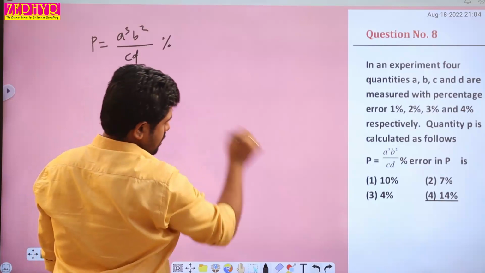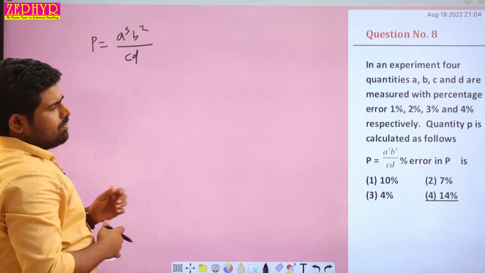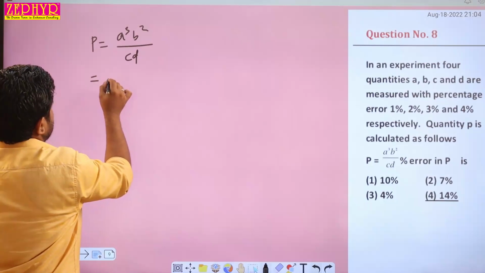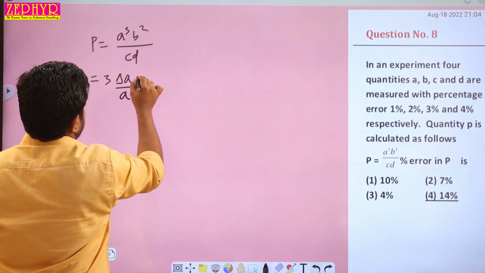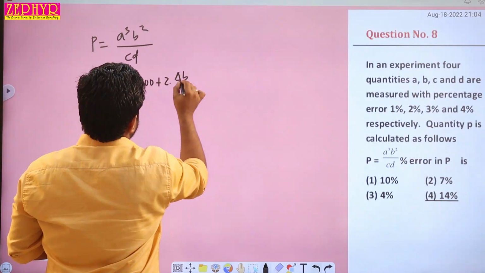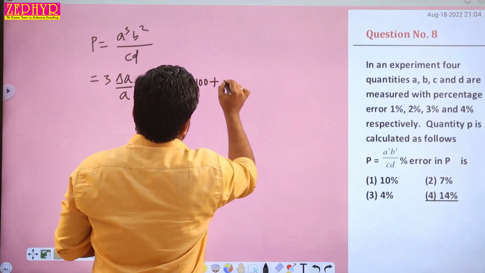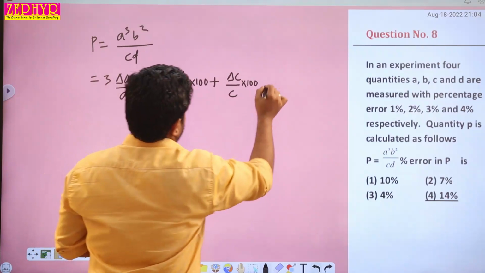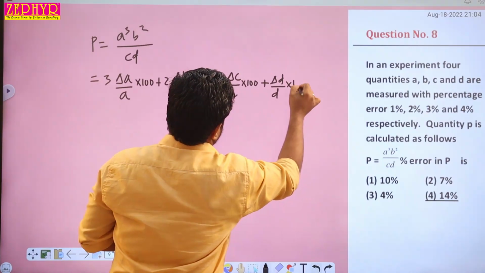We know the percentage error for this kind of equation is 3 delta A divided by A into 100, plus 2 delta B divided by B into 100, plus delta C divided by C into 100, then plus delta D divided by D into 100.